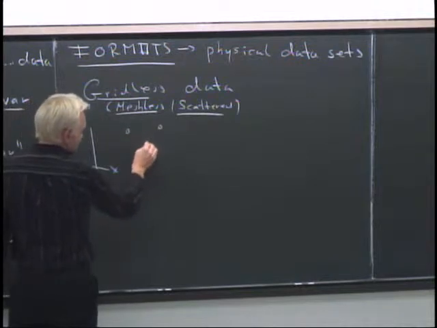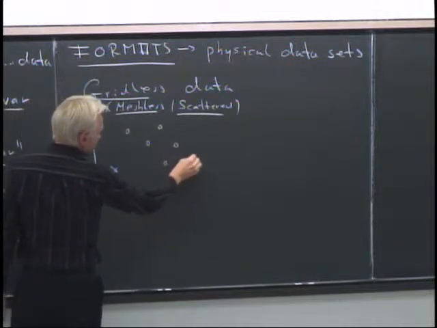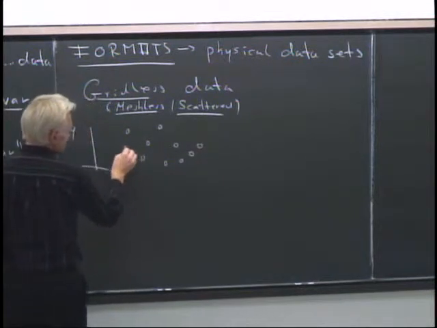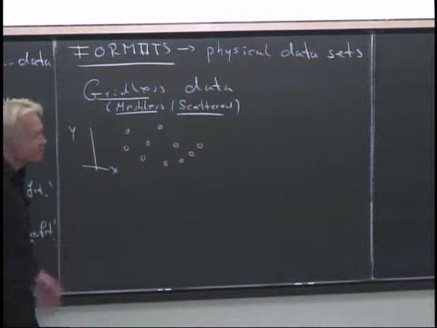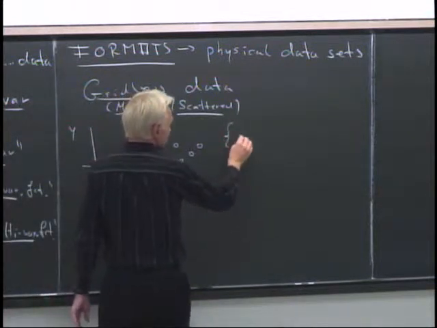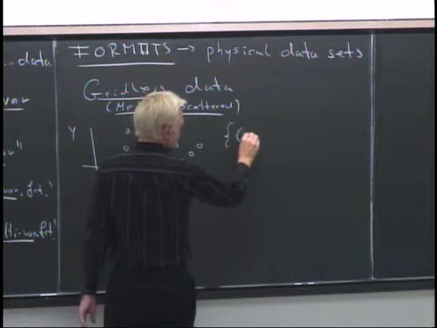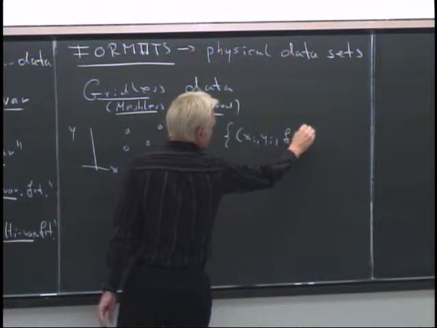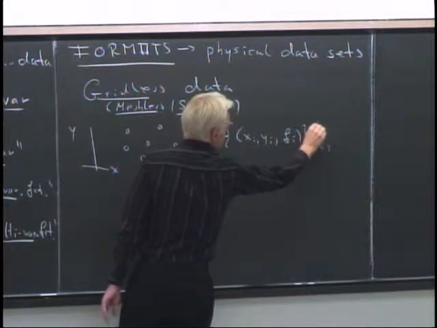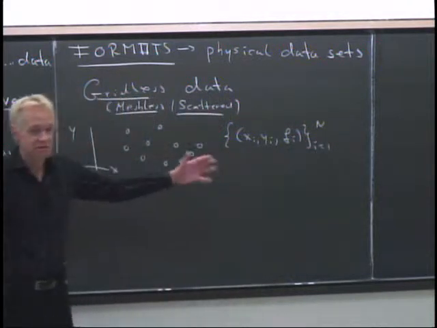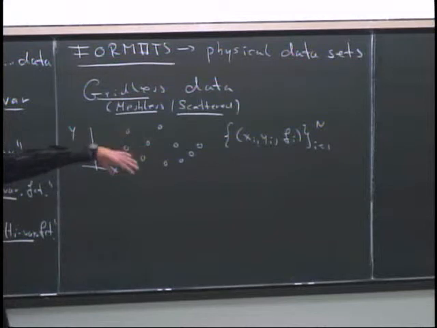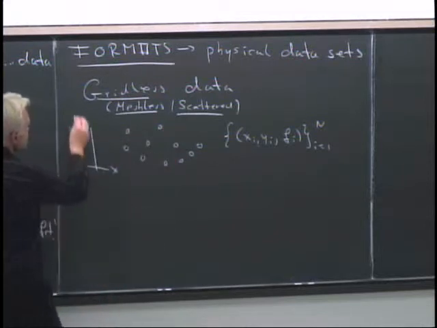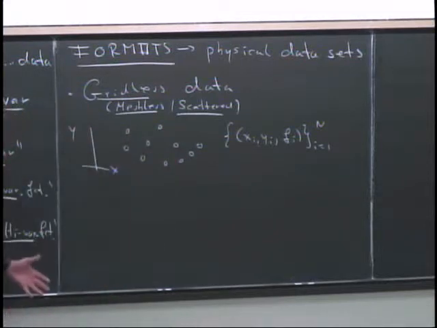This is just a bunch of points without order, completely randomly distributed, and so forth. So here you just have a set of xi's, yi's, and maybe a function value there, right? And maybe you have n of those guys. That's it. This is a concrete instantiation of that concept. So this is the first.